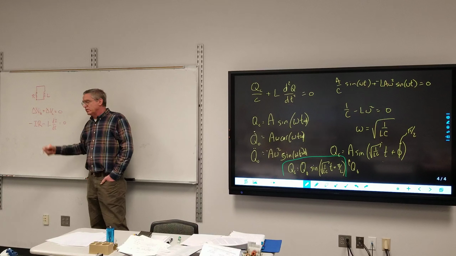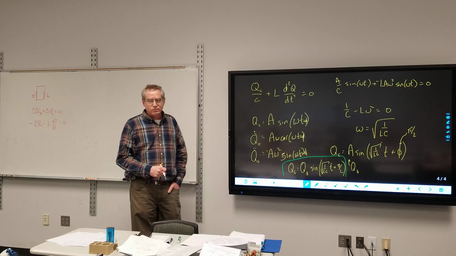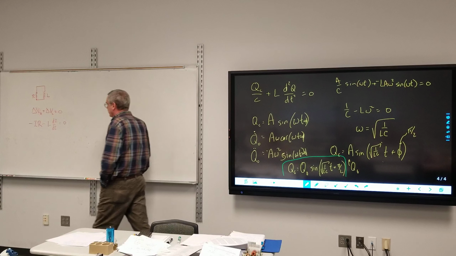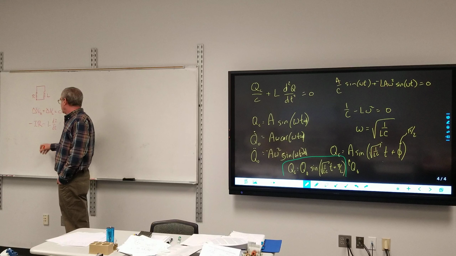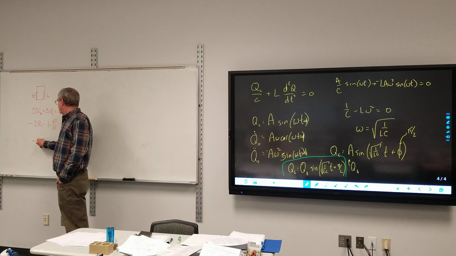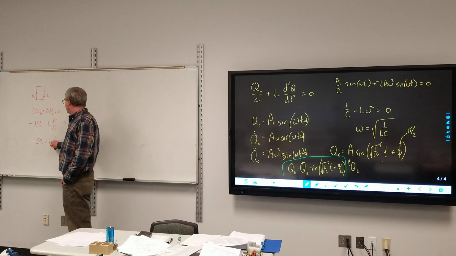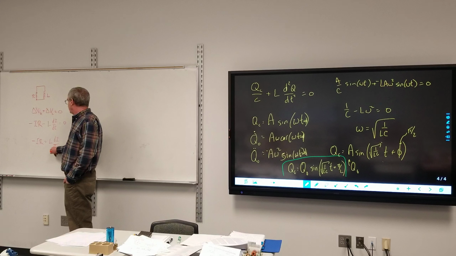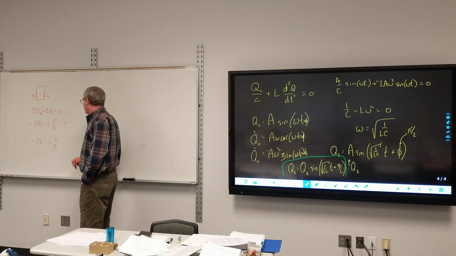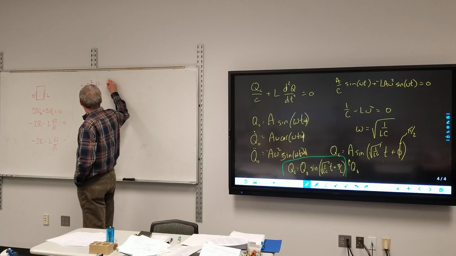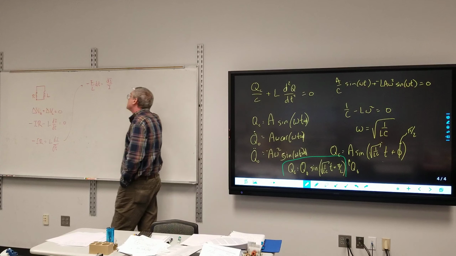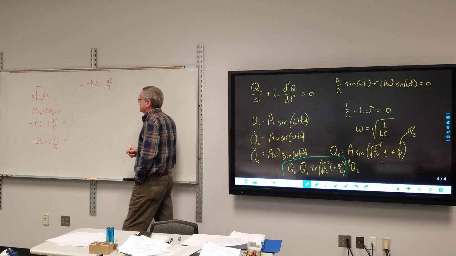I have a first order differential equation. Whatever you do to solve it, I'm basically going to get them on the other sides, then get all the I's together. So I have negative IR equals L dI/dt. I have negative R over L dt is equal to dI over I. And then I integrate.